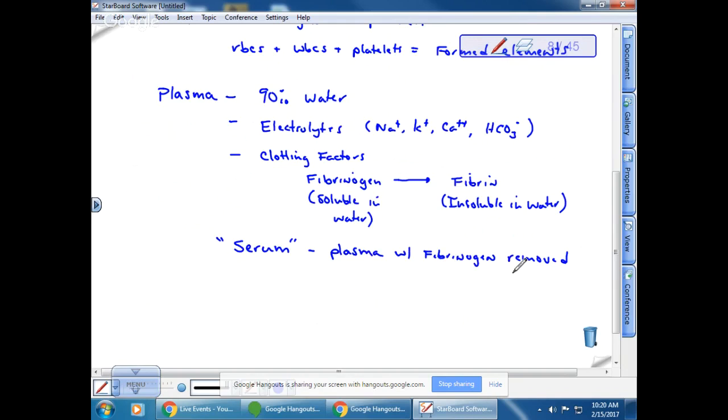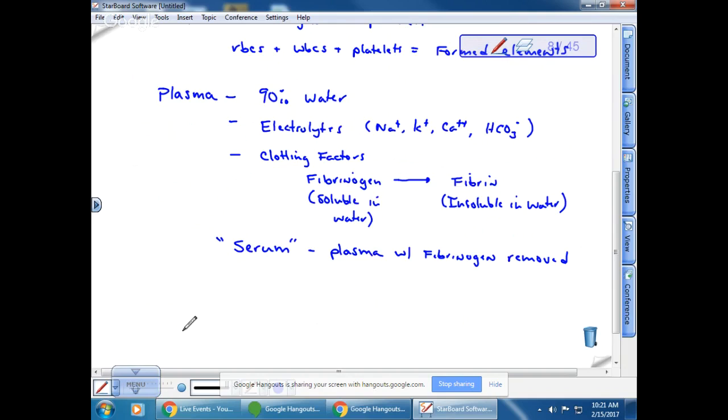What this means is that the plasma could clot, fibrinogen could come out of solution into fibrin, but blood serum will not clot. Sometimes you can be given blood serum, and one of the reasons is because it contains antibodies, and it could help you fight off infection. But in general, that's the difference between the plasma and the serum.